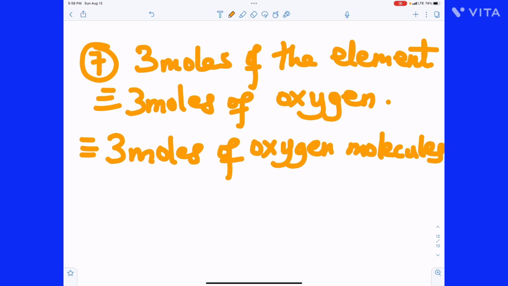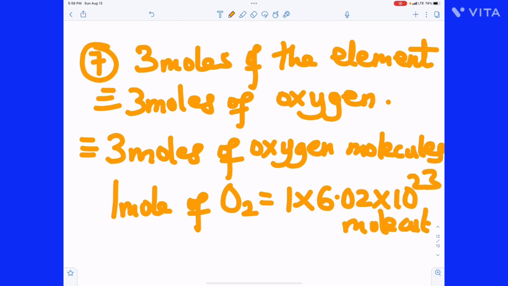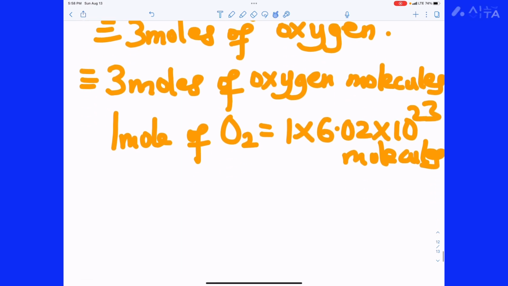So 1 mole of oxygen molecules contains 6.02 times 10 raised to power 23 molecules. That's what's present in 1 mole of oxygen molecules.